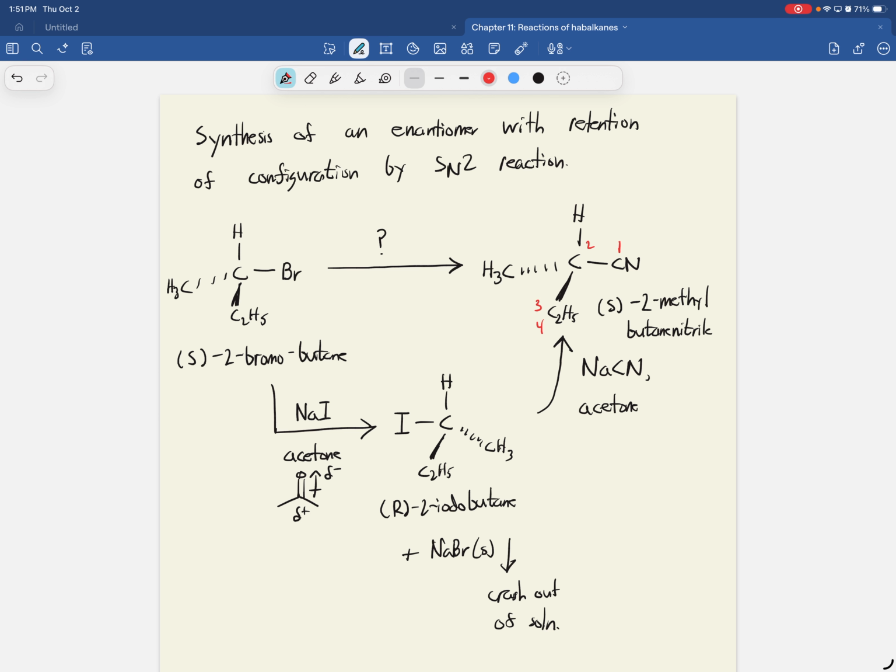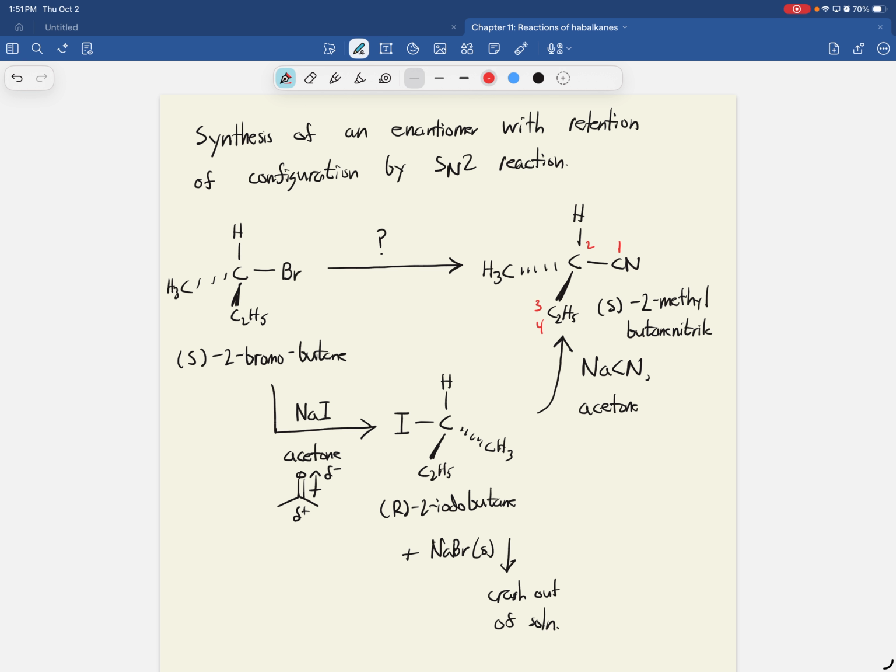That's why it's 2-methylbutanenitrile. That's how you name CN groups. They're called nitriles. If this is confusing right now, don't worry. We'll do a lot more practice with this. Remember, if you want to invert a stereocenter, you have to do an SN2 reaction.